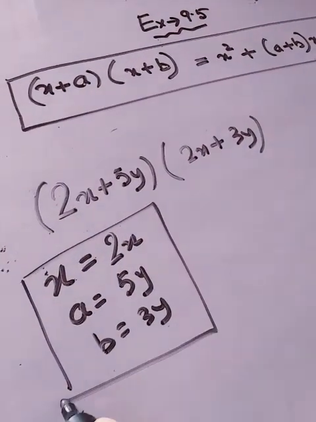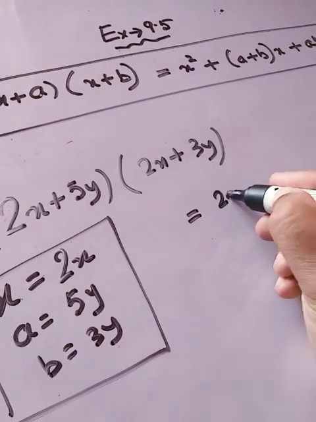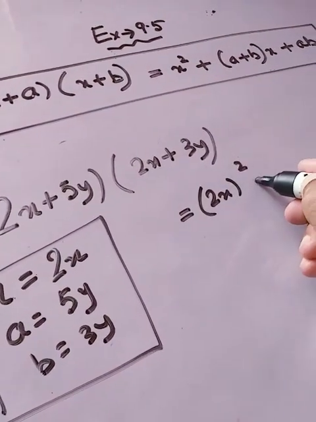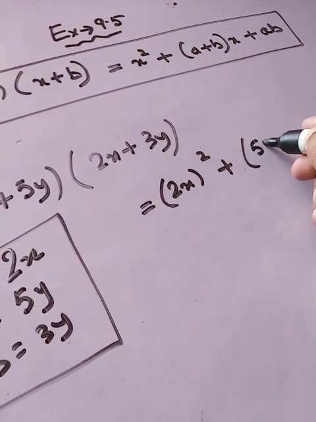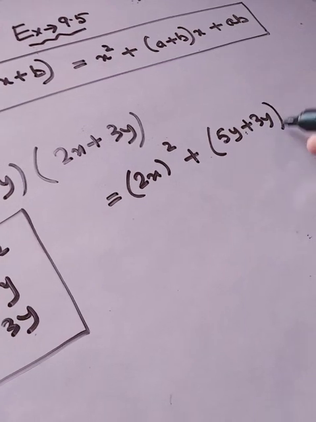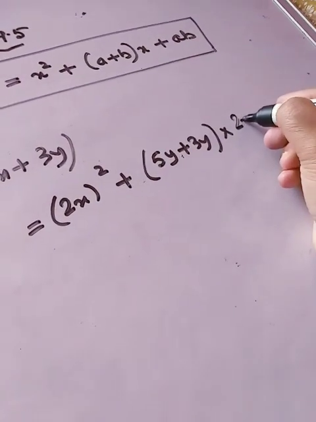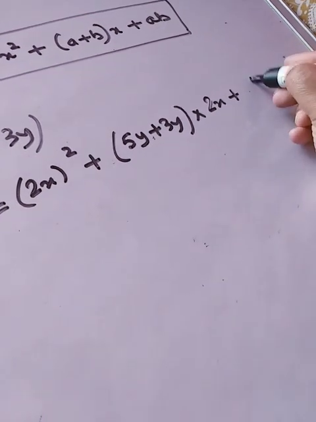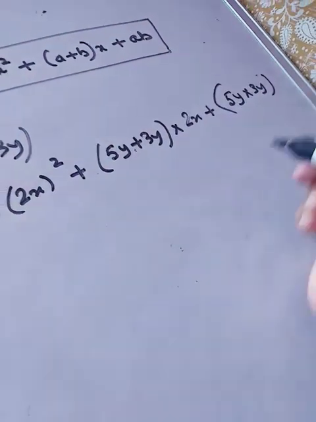So now we'll put the values properly. Now x square means 2x whole square, plus a plus b means 5y plus 3y. This is a plus b into x. In place of x, 2x, plus a into b, that is 5y into 3y, isn't it? Put it inside the bracket.